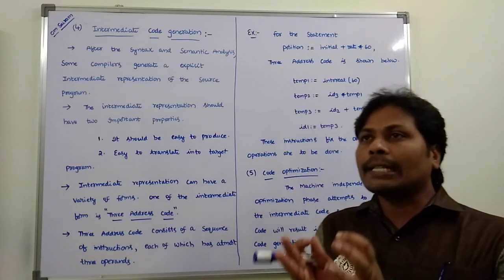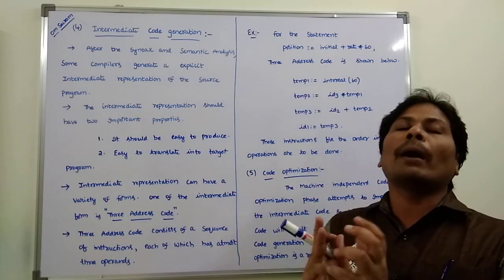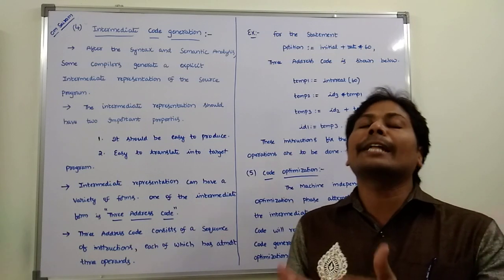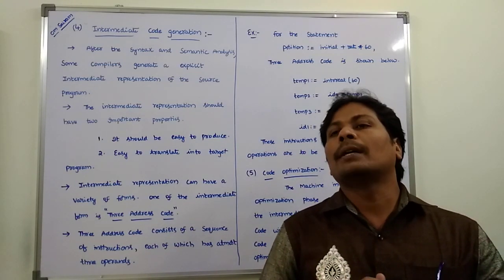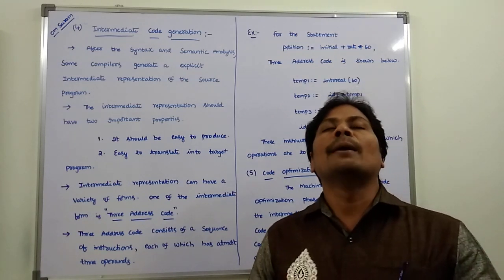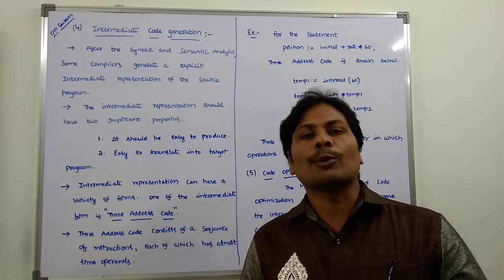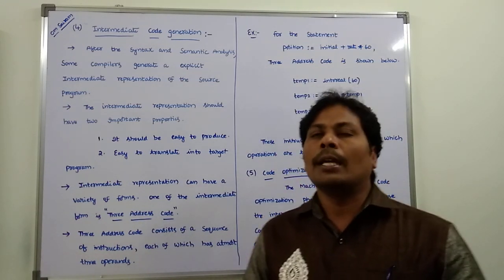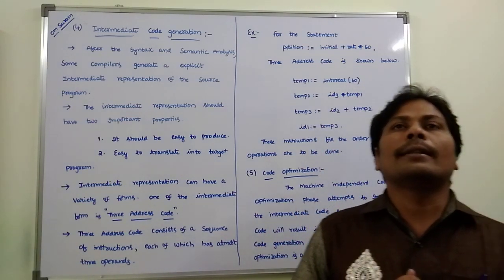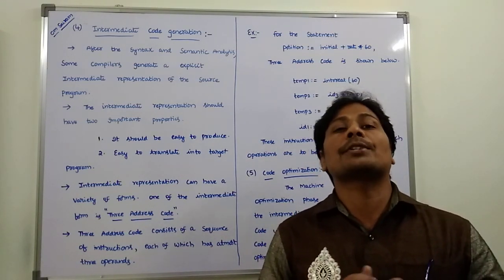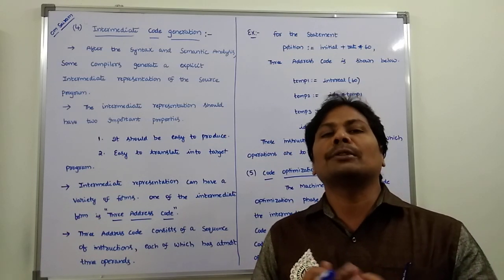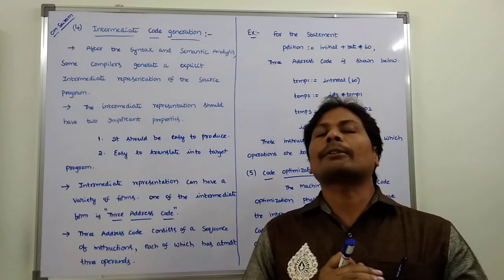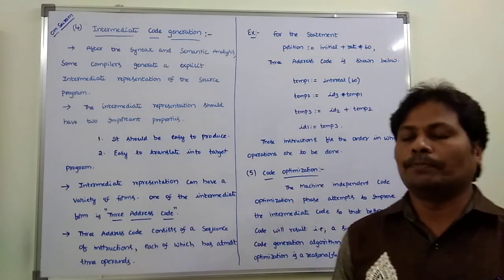We can get better target code by improving the intermediate representation of the source program. That can be done by machine independent code optimization. In some compilers, code optimization follows intermediate code generation to get better target code.